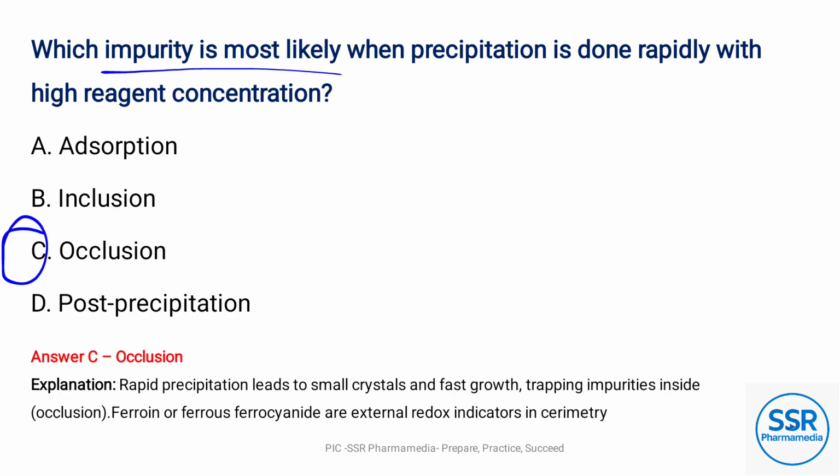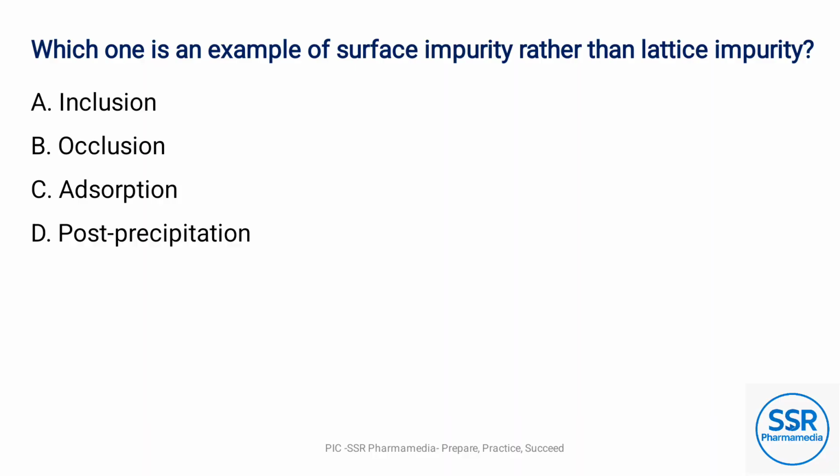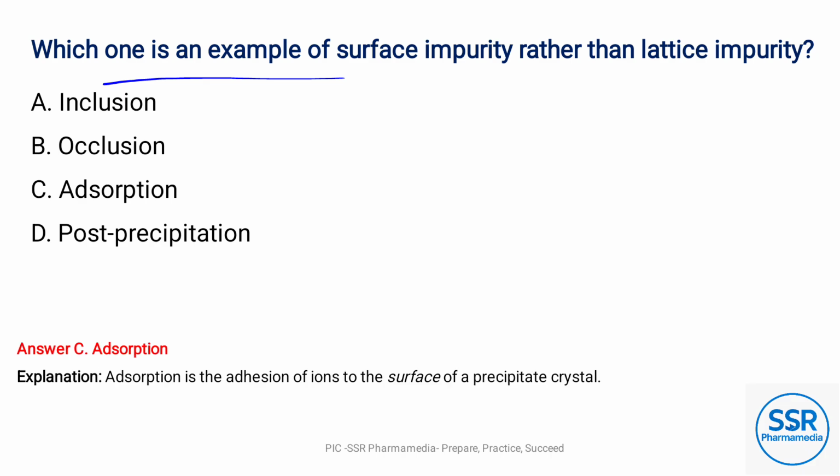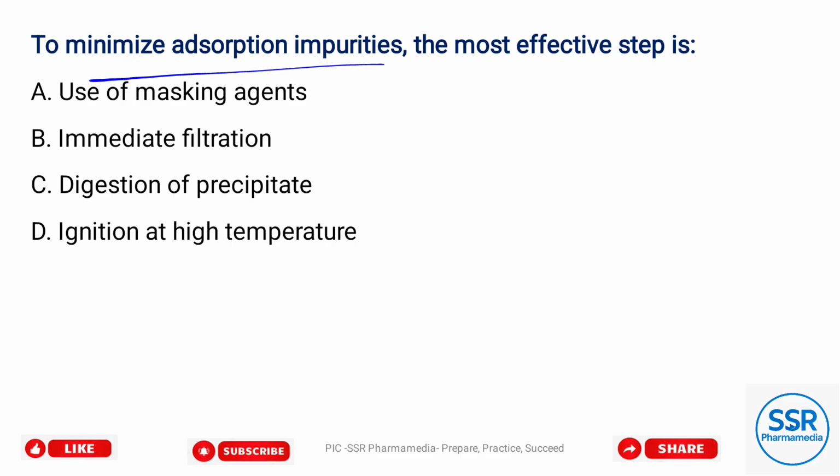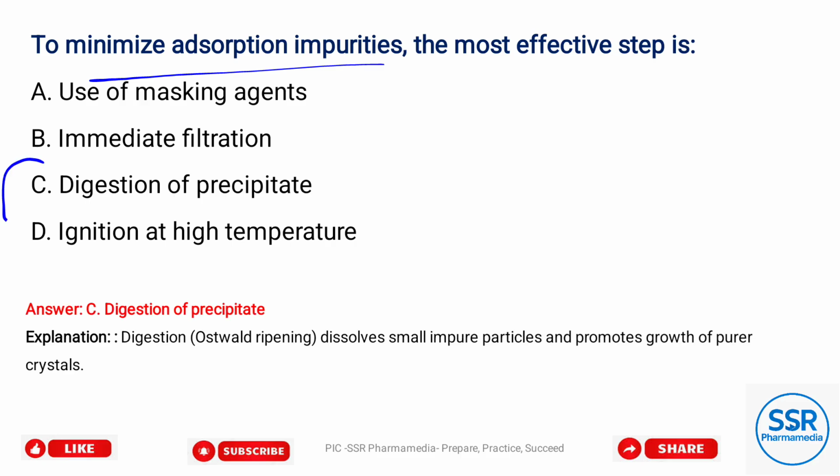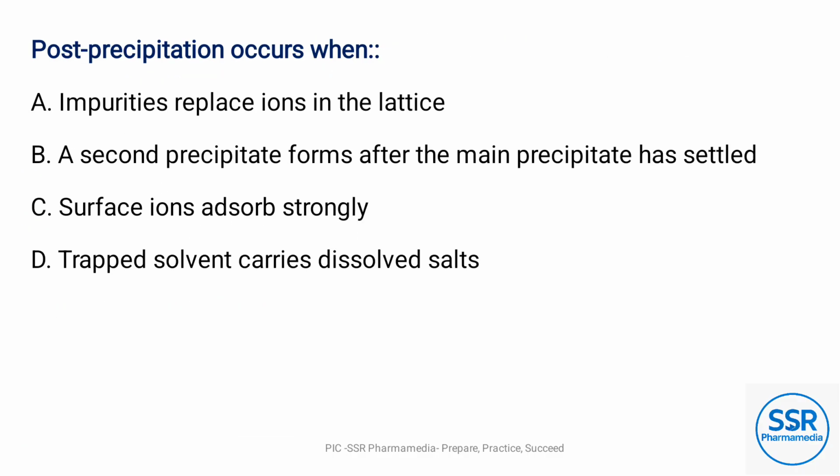So option C, occlusion. Which one is an example of surface impurity rather than lattice impurities? So option C, adsorption. To minimize adsorption impurities, the most effective step is, so option C, digestion of precipitate.